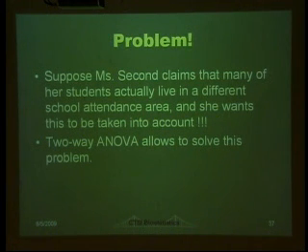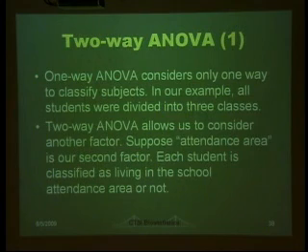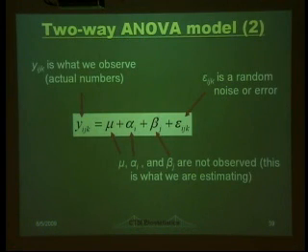Two-way means we will have 2 factors. One factor partitions between classes. Another factor partitions our whole population between 2 groups: within the school attendance area and outside the school attendance area. Here is our model, which is a little bit different from what we saw before, but the idea is the same.